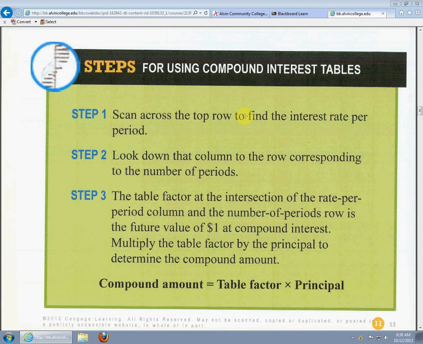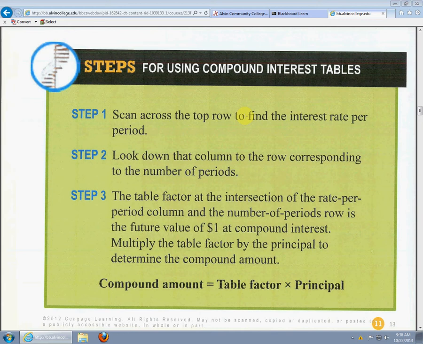So this is on page 349. We scan across the top row to find the interest rate per period. And then we look down that column to the row corresponding to the number of periods.